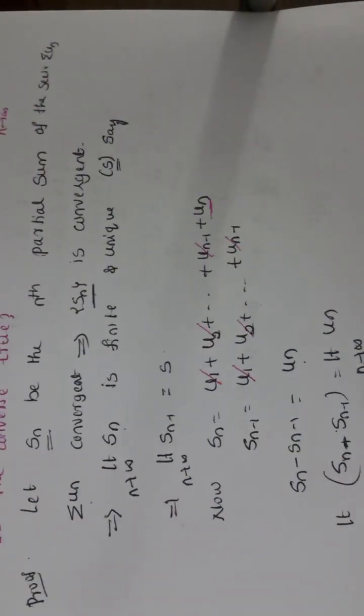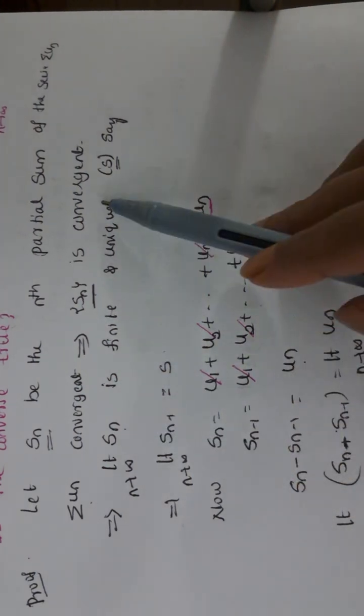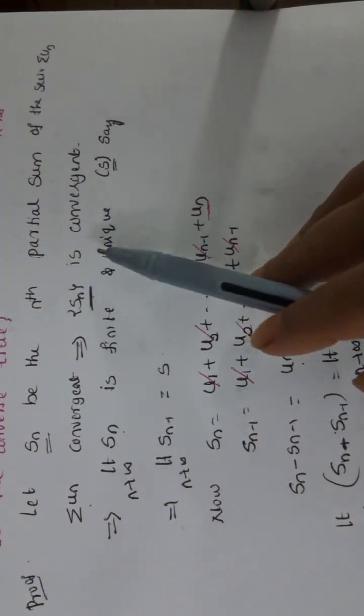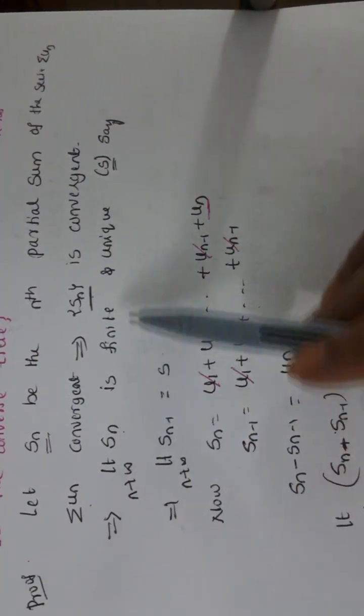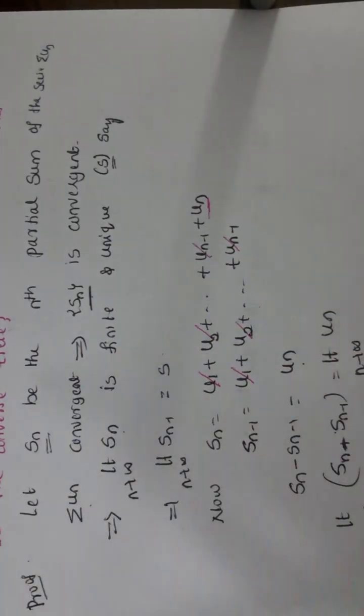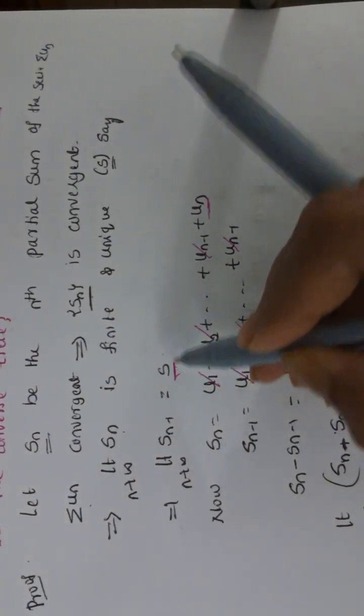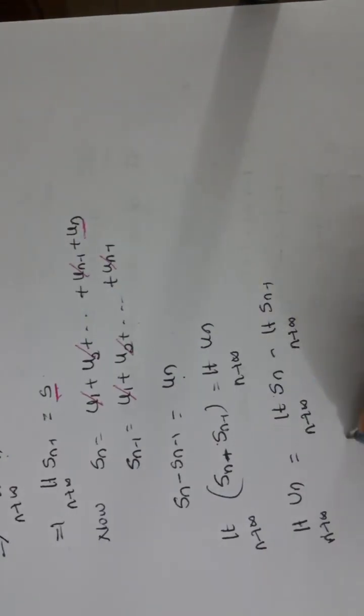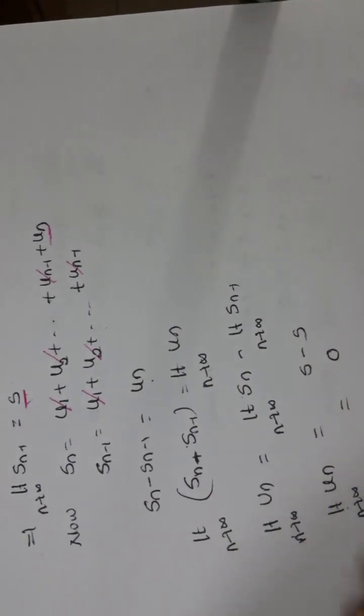Because the series is convergent, the partial sums Sn and Sn minus 1 converge, and the limits are finite and unique. So this is equal to S minus S, which is 0. We started with limit of un as n tends to infinity and got 0. So this is what we wanted to prove.